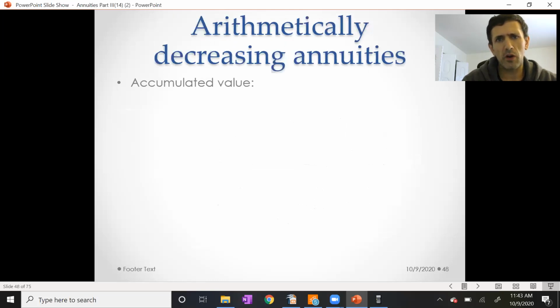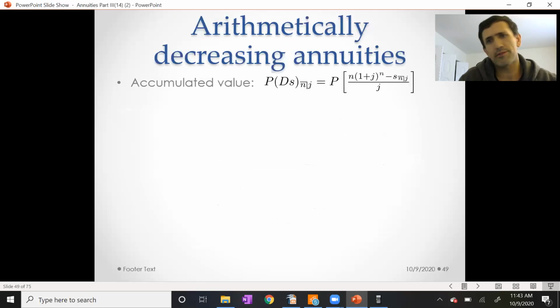And so if you add all this up and do a little bit of algebra, you're going to get the following formula. D is for decreasing. The accumulated value of a decreasing annuity, where the first payment is nP, then (n minus 1)P, all the way to P, is just P times (n(1 plus j) to the n minus s_n at j) over j.